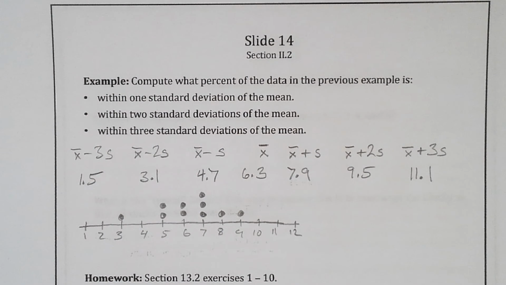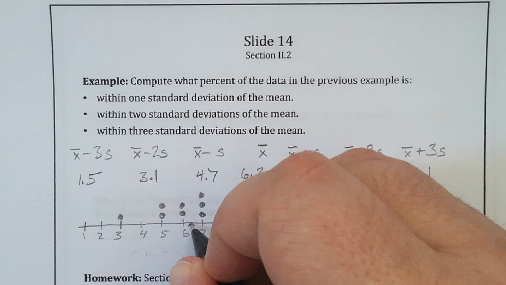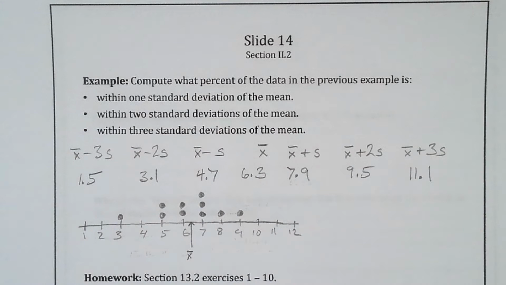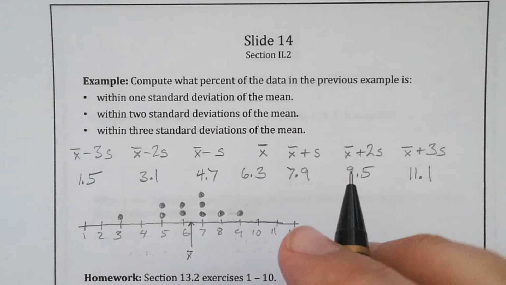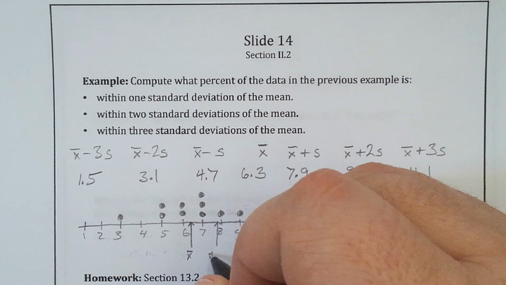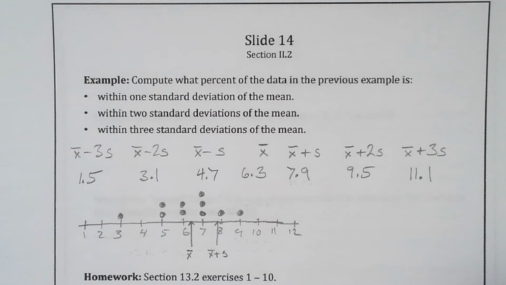Okay, the mean is 6.3. We'll put a little marker there. Okay, the mean plus the standard deviation is 7.9. Mean minus the standard deviation is 4.7.